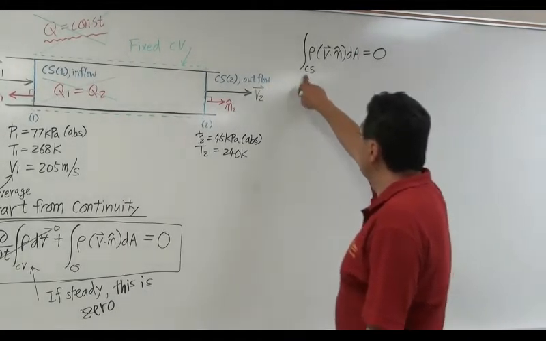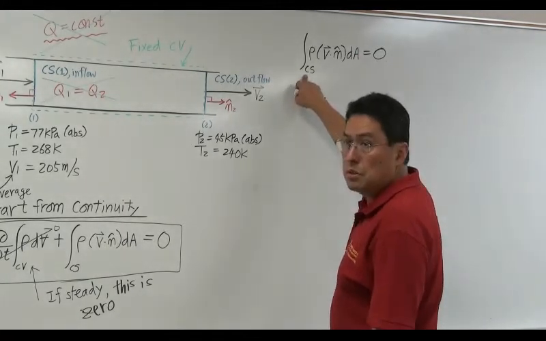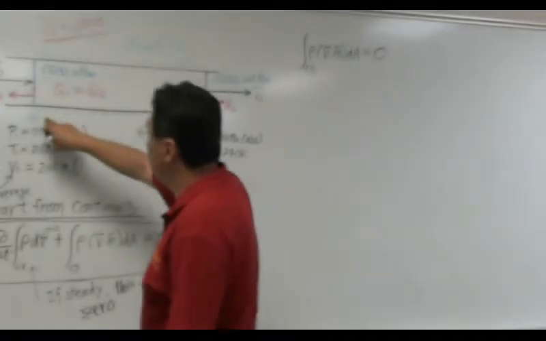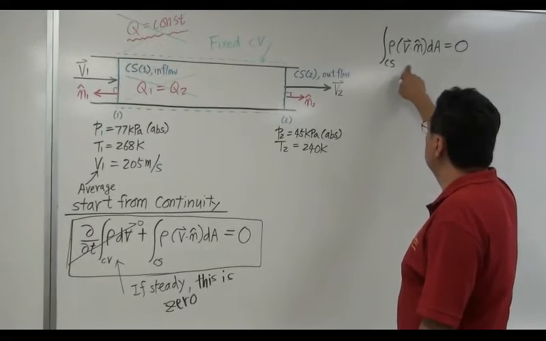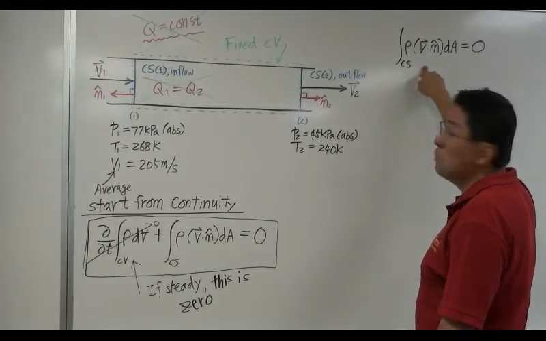Second step, this is a control surface. How many control surfaces do we have? We have control surface 1 and control surface 2 both. So we are going to apply this term for both control surfaces.